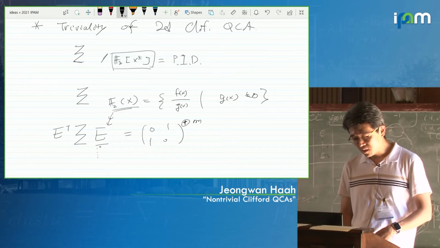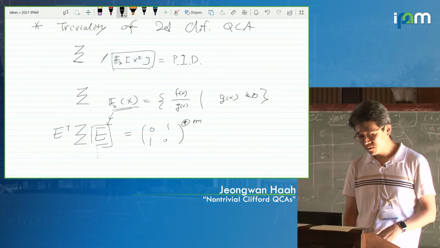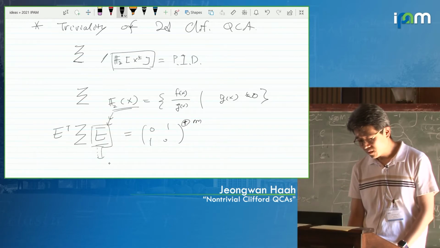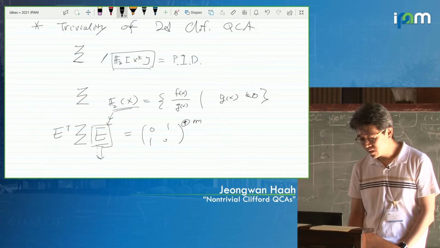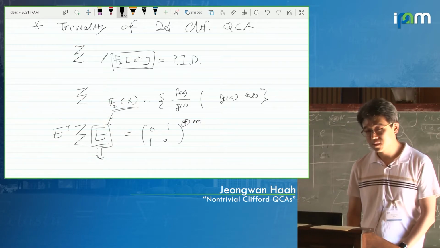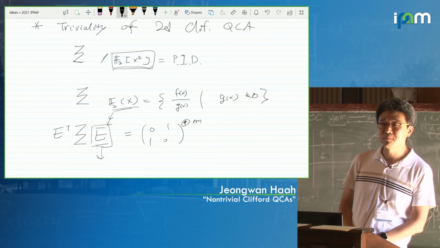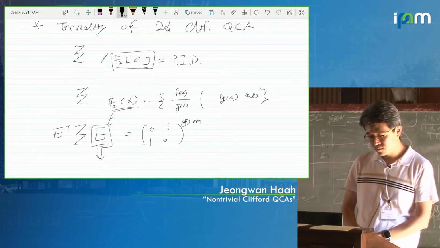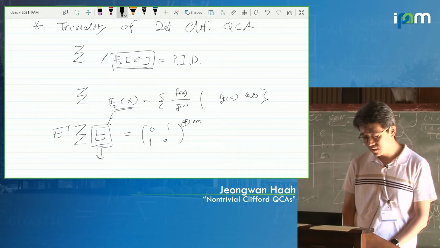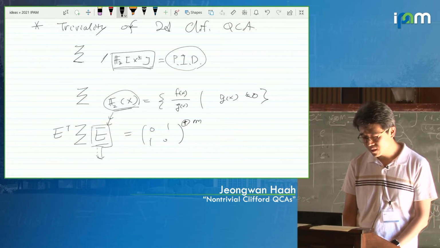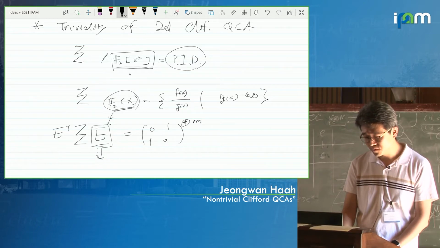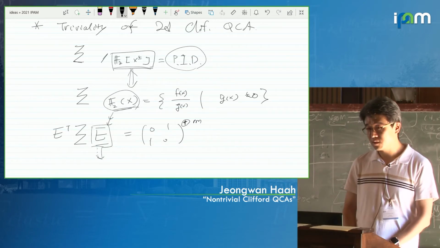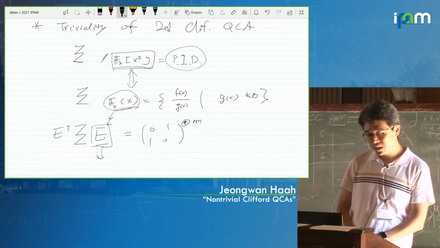Then you can decompose this matrix in such a way that it uses only integral elements. So in this one-dimensional ring, showing the triviality over the function field is the same as showing the triviality over the polynomial ring.